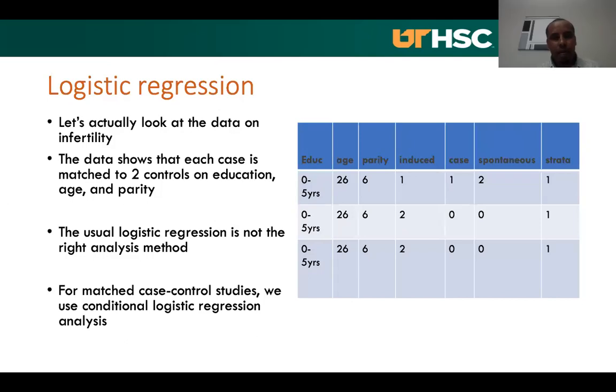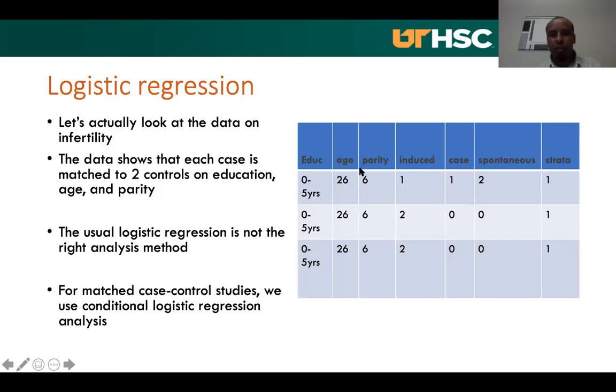Actually, let's have a look at the data on infertility. So this is the first 3 observations in the infertility data. This is again included in our statistical software for teaching purposes. So the data has education, the level of education, 0 to 5 years, and it goes like that.